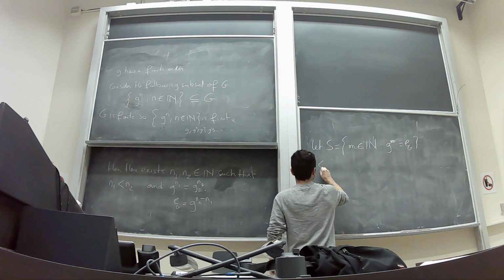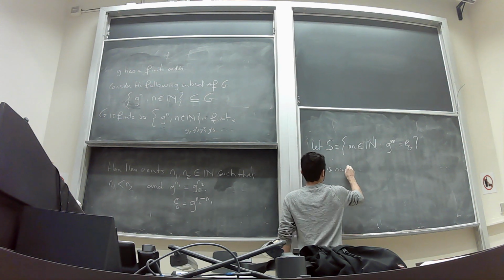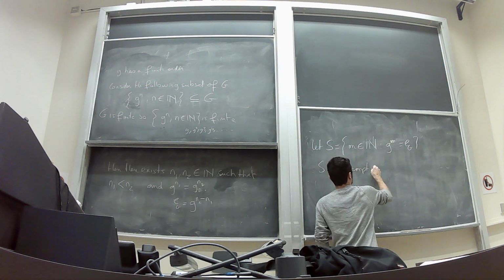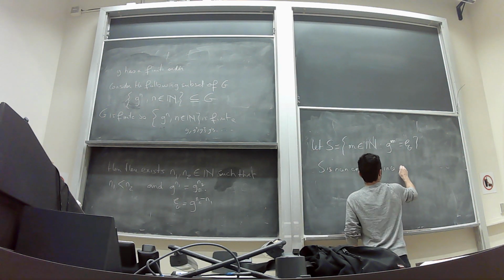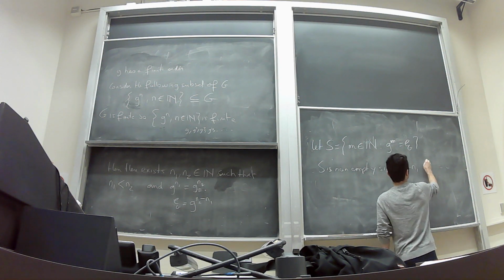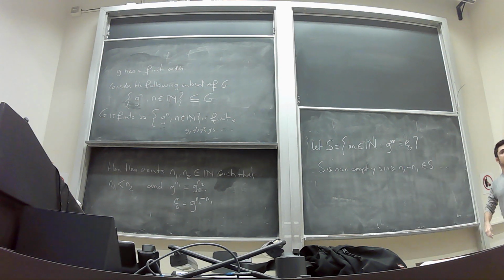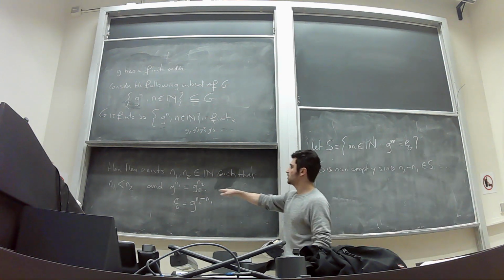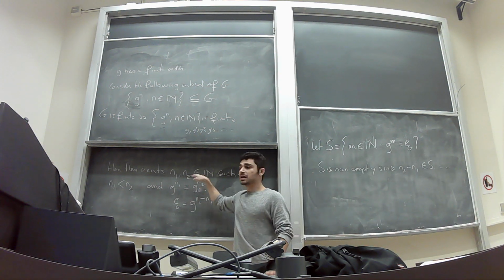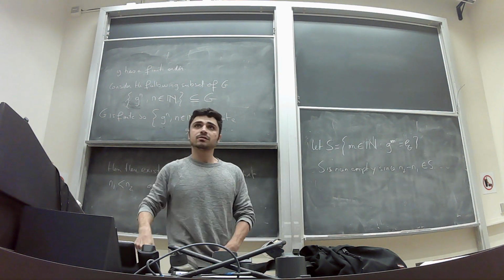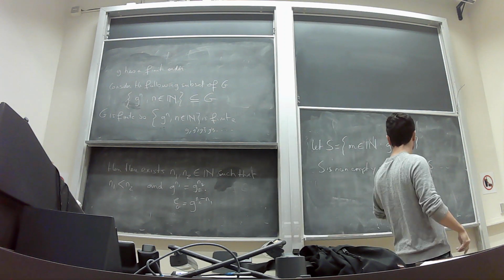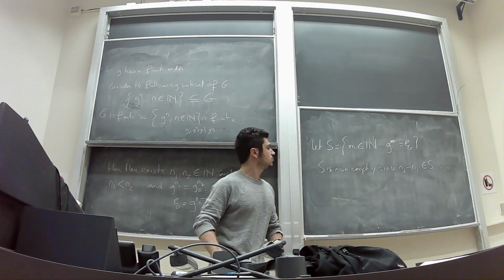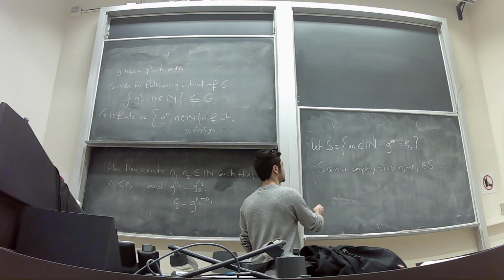S is non-empty, since n2 minus n1 belongs to S. Agree? n2 minus n1 is a positive integer, since n2 is strictly bigger than n1. So S is not empty, and so S has a minimal element.